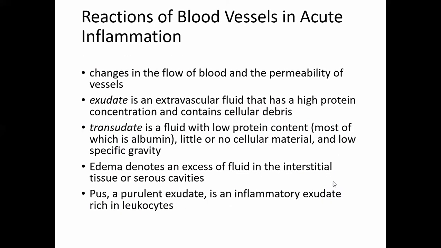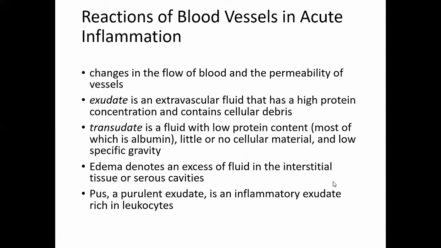So for the reactions of blood vessels in acute inflammation, these vascular reactions consist of changes in the flow of blood and the permeability of the vessels. So there is the presence of exudate and formation of transudates.